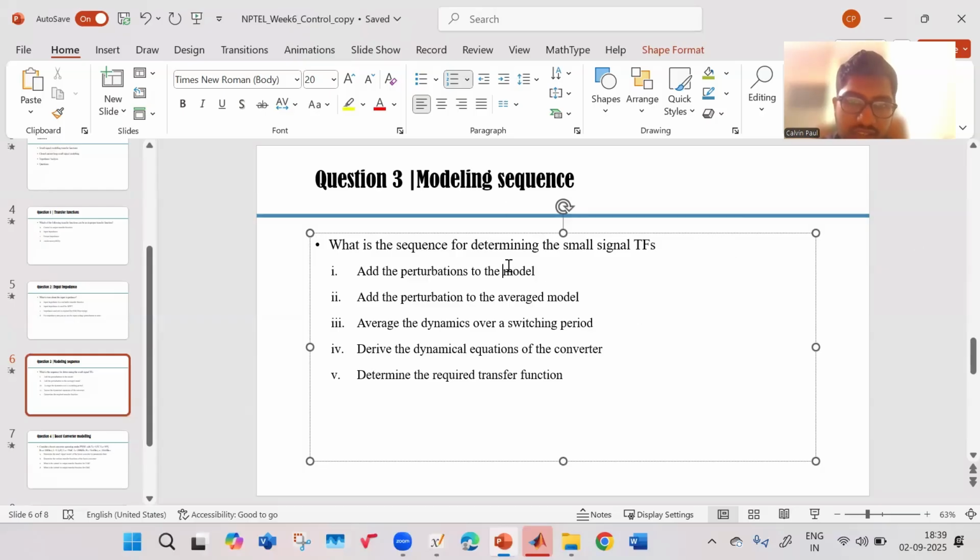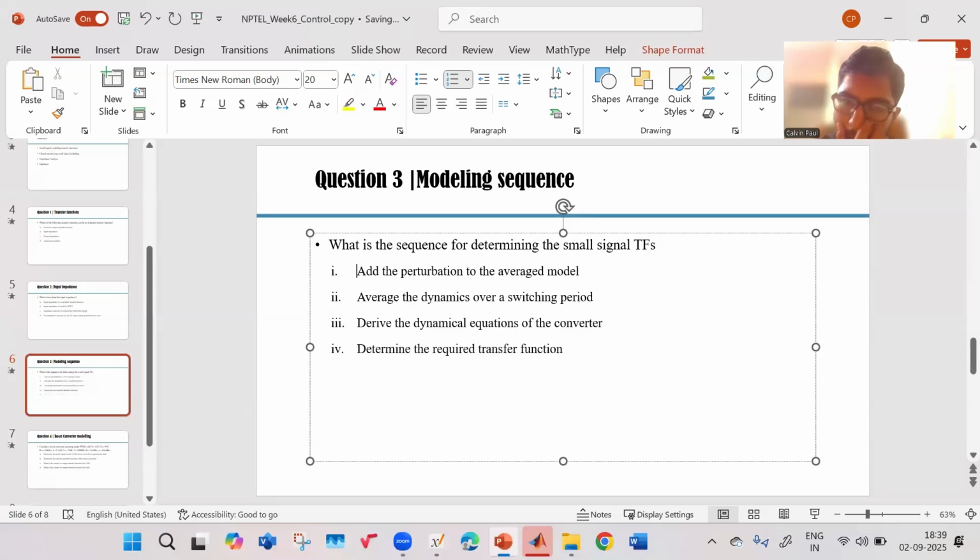You add the perturbation to the average model, then what you do? From the perturbed model, we can derive the transfer function. Okay. So actually, you will get a small signal equivalent circuit model, and from there, you determine the required transfer function. Okay.